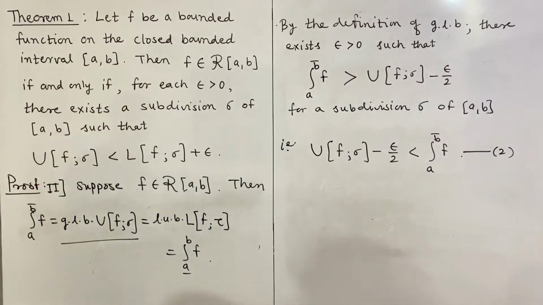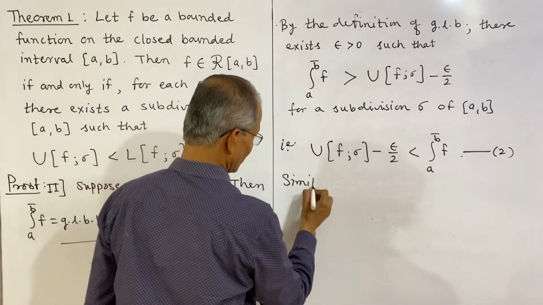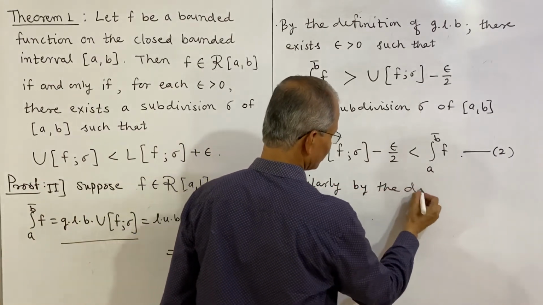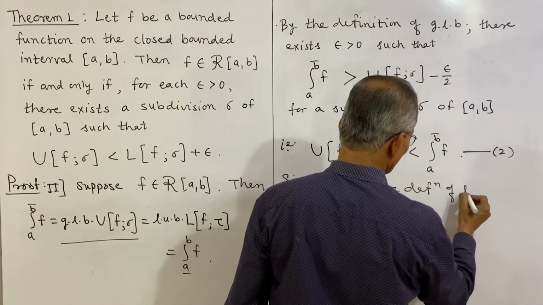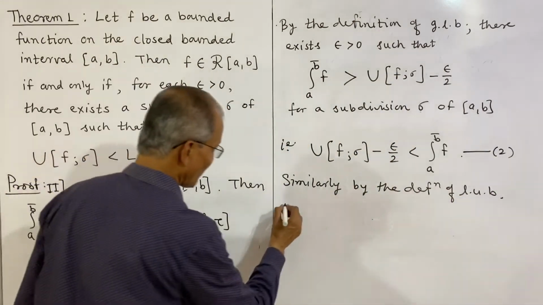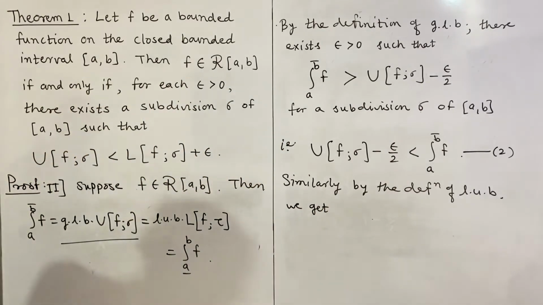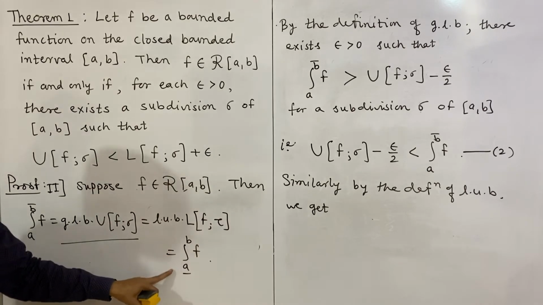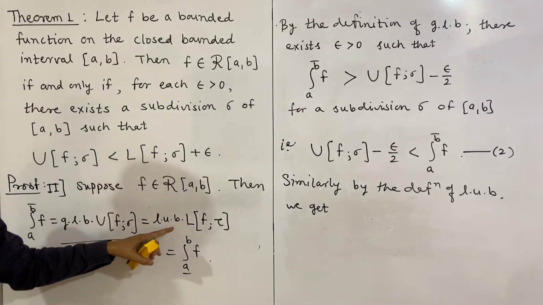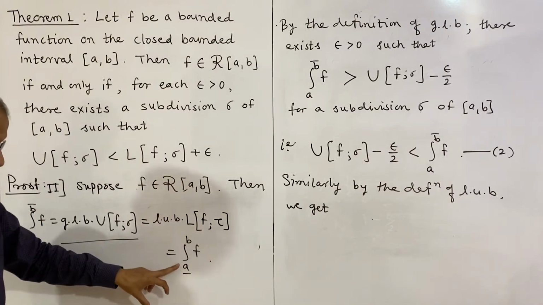Similarly, we use the definition of least upper bound. By the definition of LUB, we get: the least upper bound is the lower integral, and this is the lower sum, and this is the maximum value.